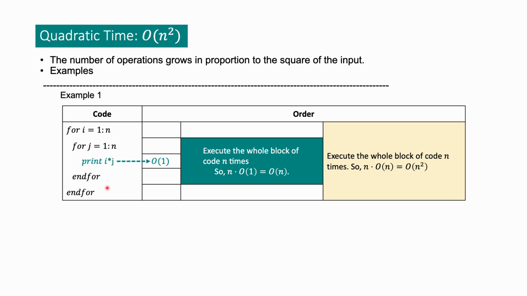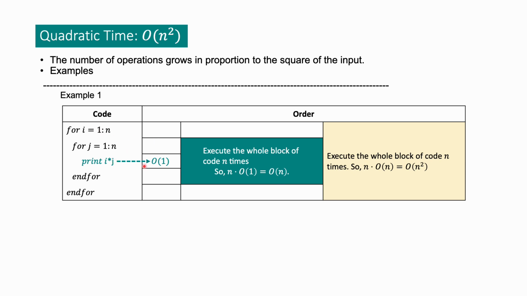Okay, so let's see. Now look at this. Print i times j is O of 1, right? But then this line is implemented n times. So that's O of n. But this whole block that's being run n times is again run for another n times.